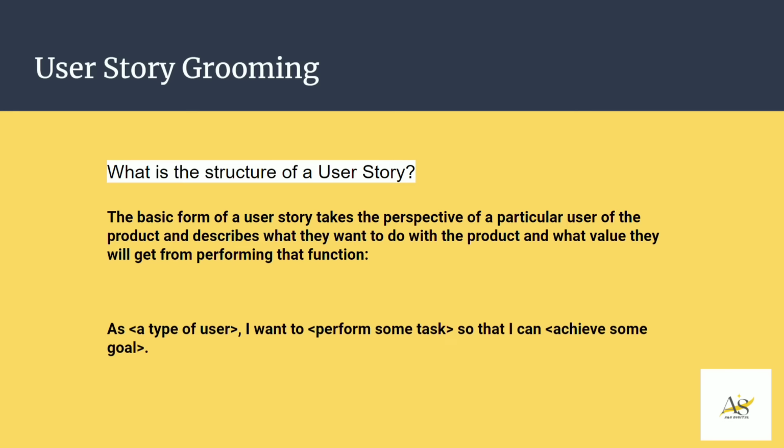So the user will want to be owning the user story. And of course, in this case, it's very important to emphasize what we can accomplish. What do they want to get by performing that function? The reason I'm saying that is because that's where we can deliver based on priority.